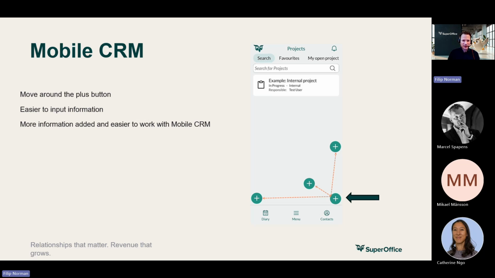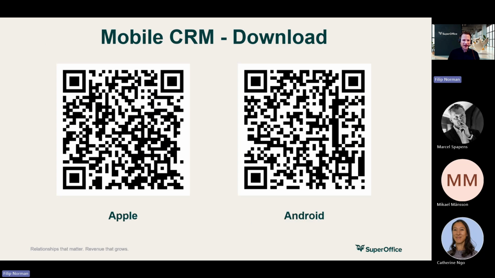Sometimes I get questions, okay, where can I find it? You can download it in the Apple App Store and the Android Google Play. Here you have the QR codes that you can take a minute to scan, and then you can download it if you don't have it on your mobile phone yet.